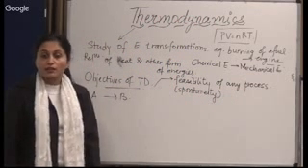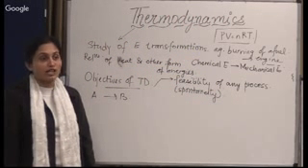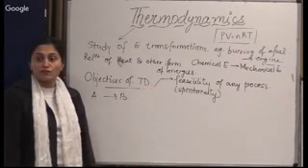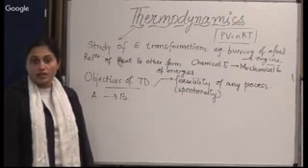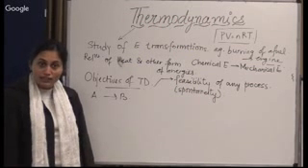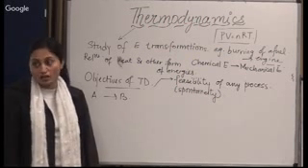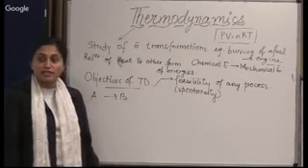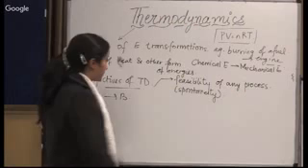I repeat, the very major purpose of doing chemical thermodynamics is to know the feasibility of any process, whether the reaction is spontaneous or not. If it is spontaneous, then the process will occur, and I can easily carry on with that process.